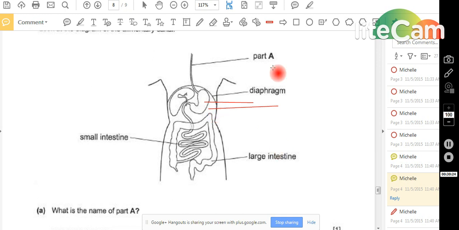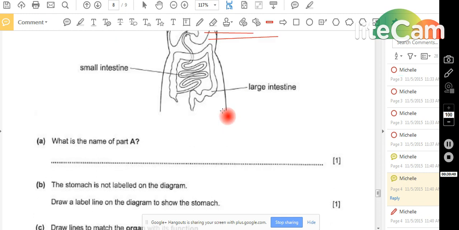Or for example, with the esophagus, if the labeling line stops somewhere here in open air, not on the esophagus, you won't get the mark. So be careful to do that.